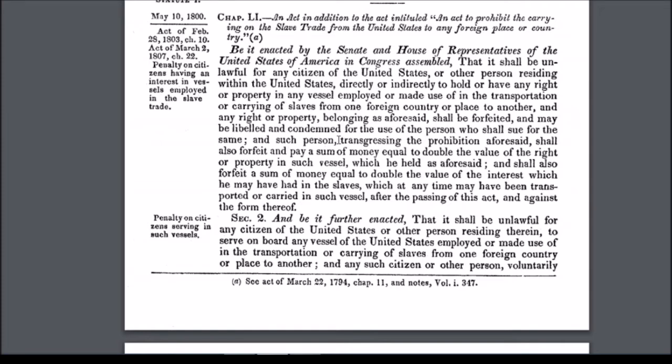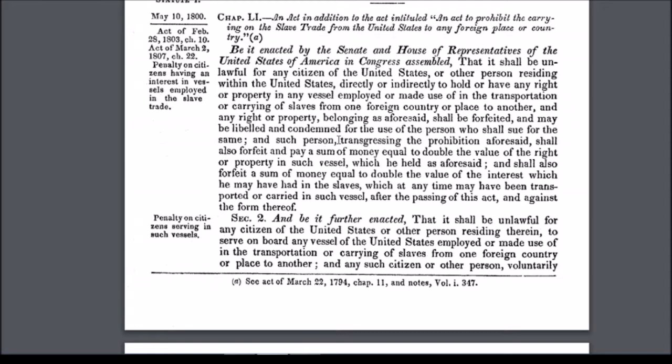Going on, any right or property belonging as aforesaid shall be forfeited and may be libeled and condemned for the use of the person who shall sue for the same. And such person transgressing the prohibition aforesaid shall also forfeit and pay a sum of money equal to double the value of the right or property in such vessel which he held as aforesaid.